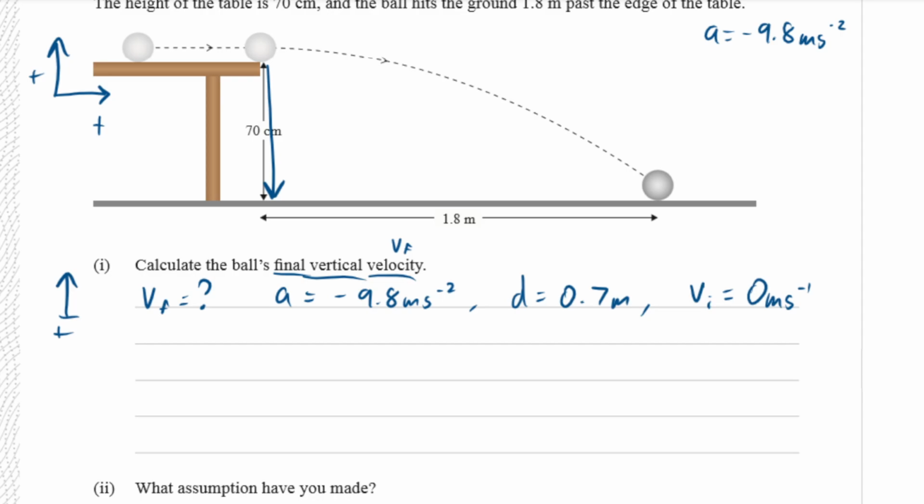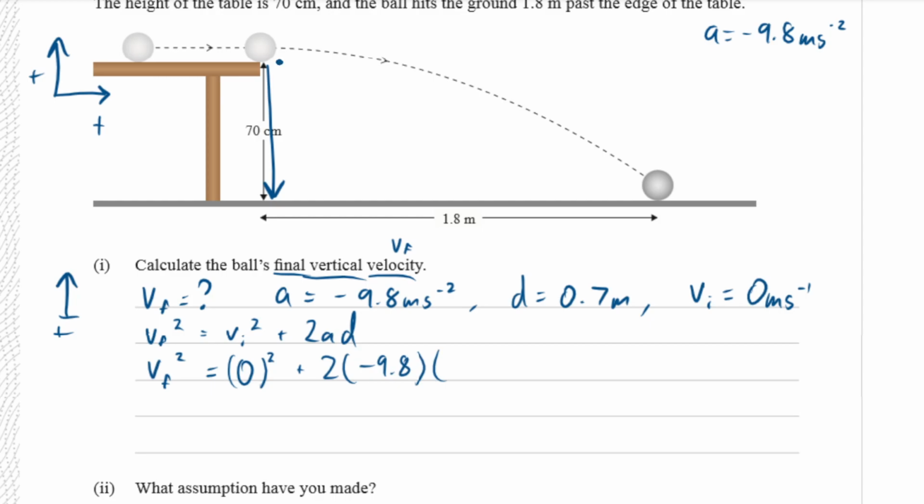Looking at the formula sheet, I see VF squared equals VI squared plus 2AD, linking these 4 variables. So we can substitute in the values and solve. Looking for VF, so VF squared equals VI squared. Well, VI is 0. We square that. We add to that 2 times acceleration times distance.